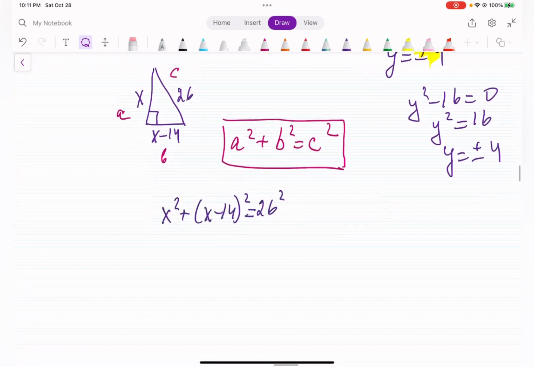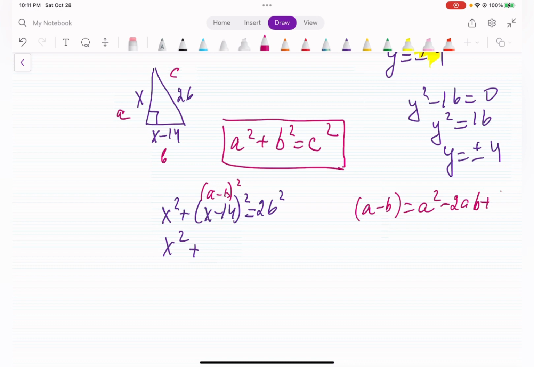Let's solve this. We are getting x squared. Here we have a perfect square, right? It's going to be a squared, this is a, this is minus b, and squared. Just to remind real quick, it is a squared minus 2ab plus b squared.